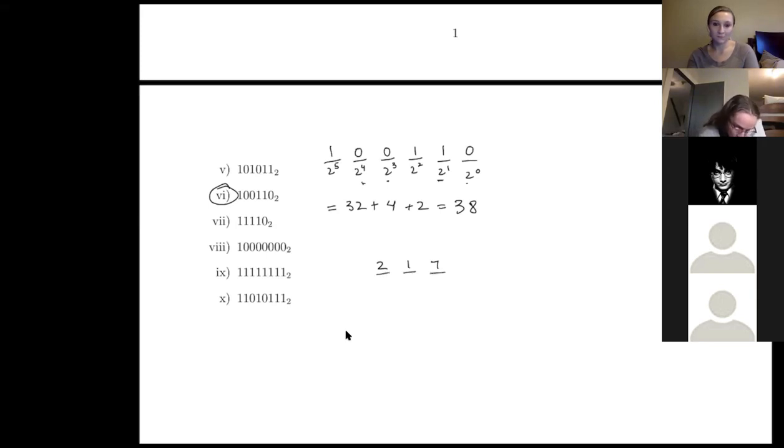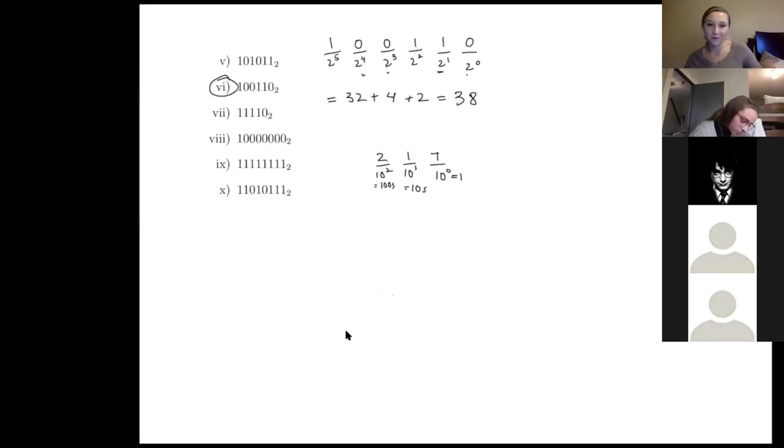So this is the 10 to the 0th place, or we would call it the ones place, because 10 to the 0 is 1. This is the 10 to the 1 place, or the tens place. And this is the 10 to the 2, or the hundreds place. So it's just place values, but in binary. Hope that makes sense.